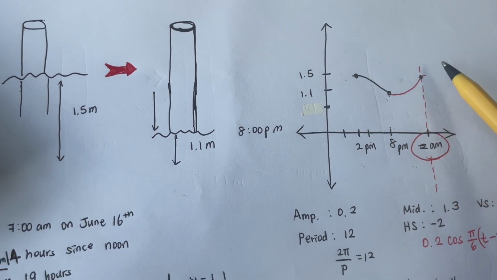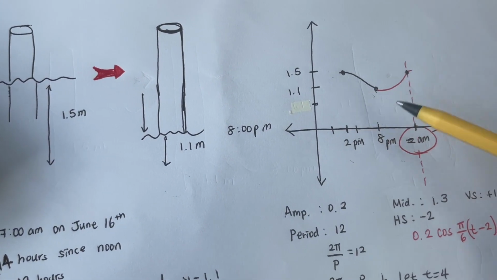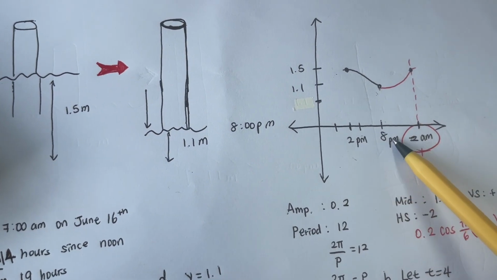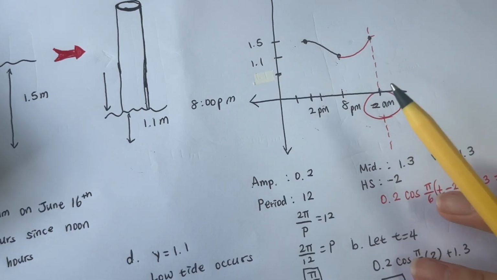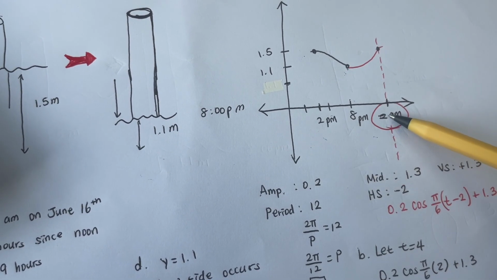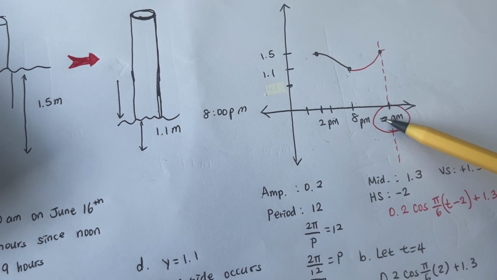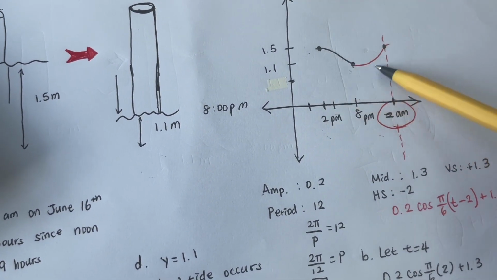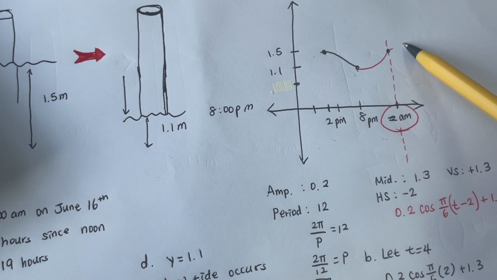So I went ahead and created the other half in red. Since it took about 6 hours from 2 p.m. to 8 p.m., for us to complete the full cycle, it would take a full 12 hours. So at 2 a.m. the next day, I'll be hitting the maximum again, which is 1.5.